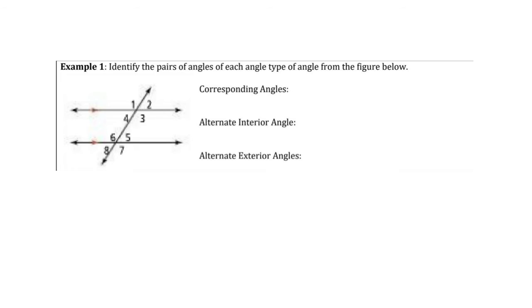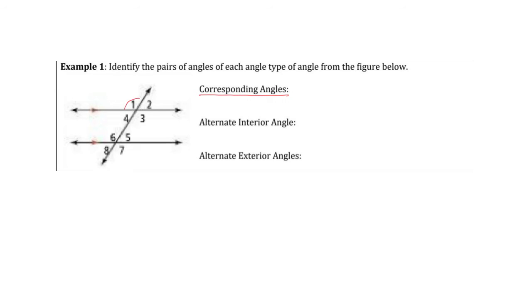All right, now in this example, we're going to use those theorems that we went over before and look at a problem and look at the angles and figure out which go with corresponding angles, which go with alternate interior, and which go with alternate exterior. Okay, so I'm going to start with corresponding angles using the red.